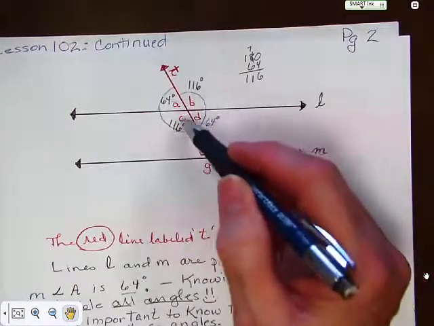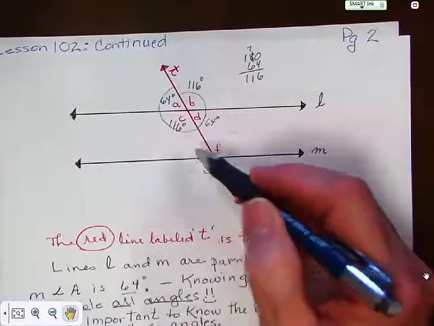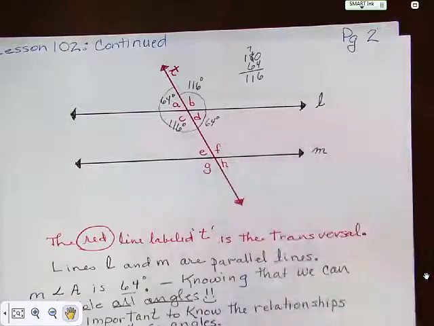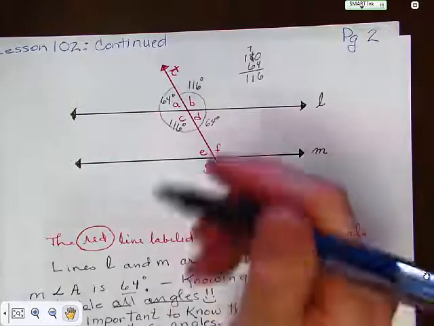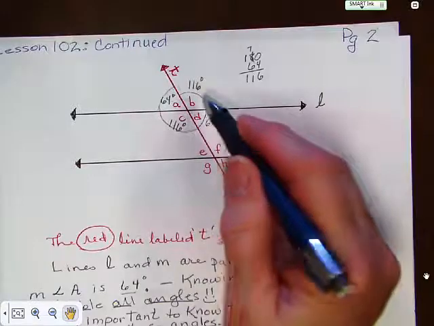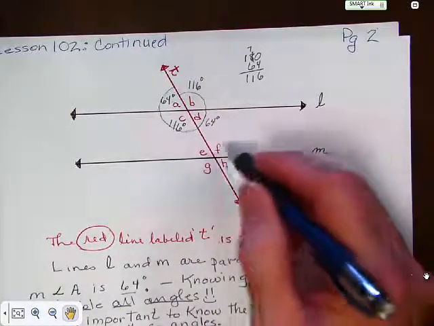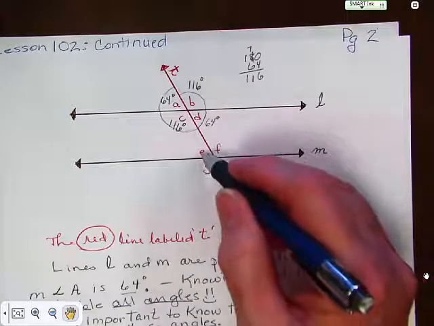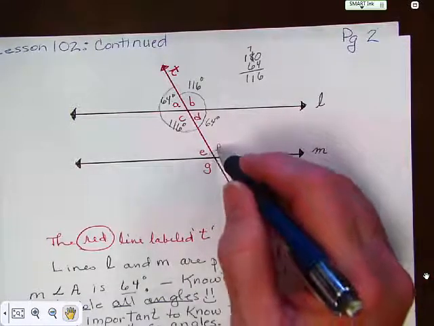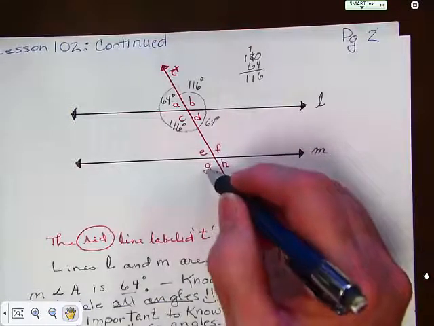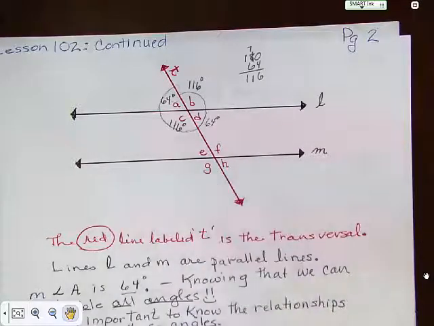AD, BC, FG, EH. Remember, they are congruent. AD 64, BC 116. Now we go down here, and we know that E and H are equal, and we know that F and G are equal. We'll come back to those and talk about what their measure is.